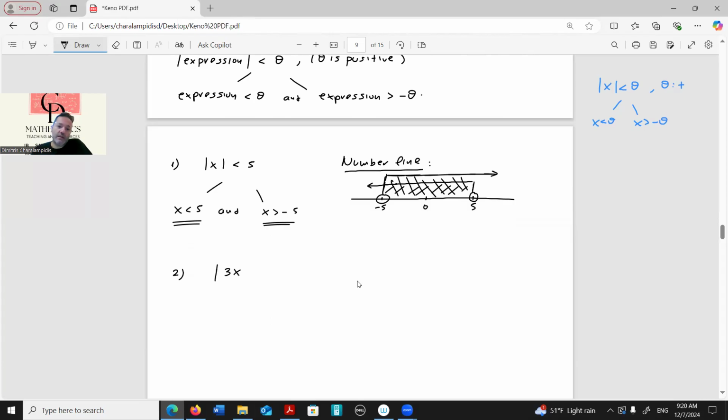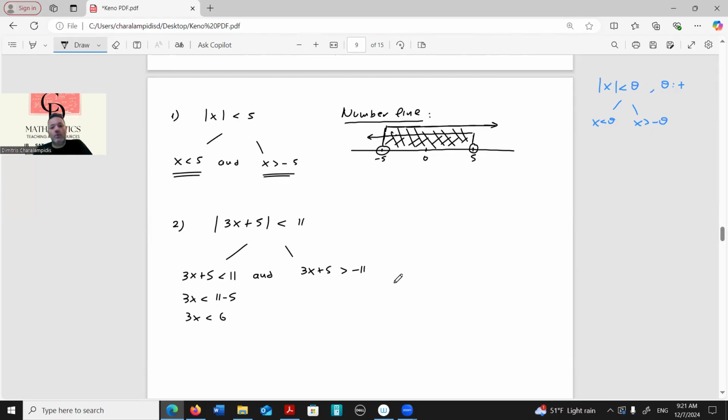Absolute value of 3x plus 5 less than, let's say, 11. It's just about the expression inside the absolute value. So 3x plus 5 should be less than 11, and 3x plus 5 should be greater than negative 11. So 3x should be less than 11 minus 5, so 3x should be less than 6, which means x should be less than 6 over 3.